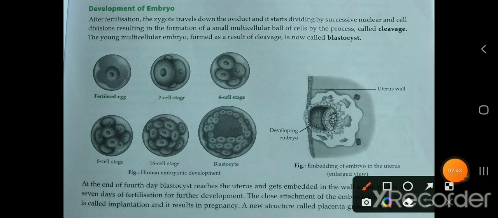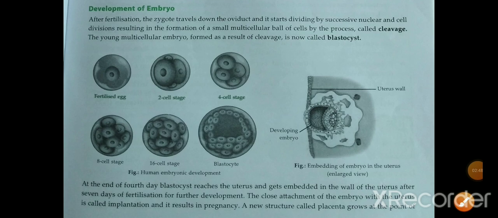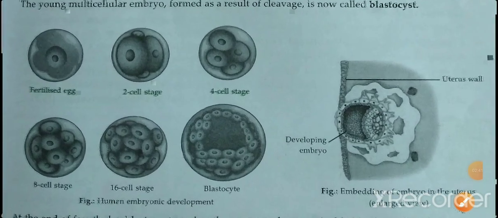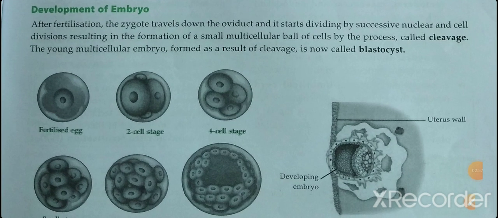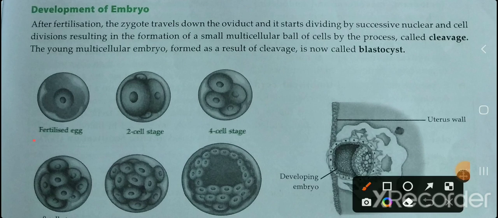Okay, now we'll see the development of the embryo. We have seen how the zygote is formed, right? After the formation of the zygote, what happens to it? This is the fertilized egg, the zygote. The zygote travels down the oviduct, that is, the fallopian tube, and starts dividing by successive nuclear and cell divisions, which result in the formation of a multicellular ball of cells.